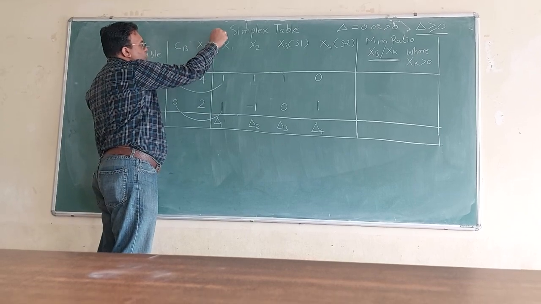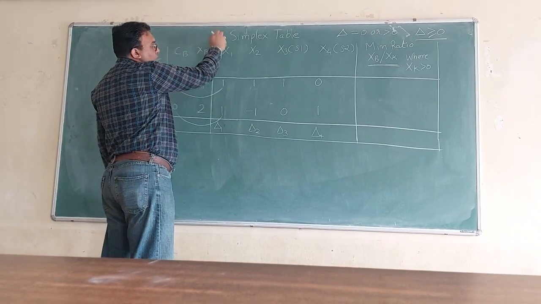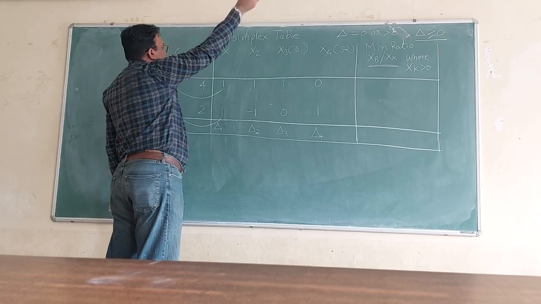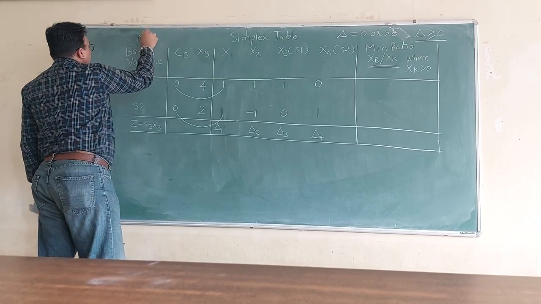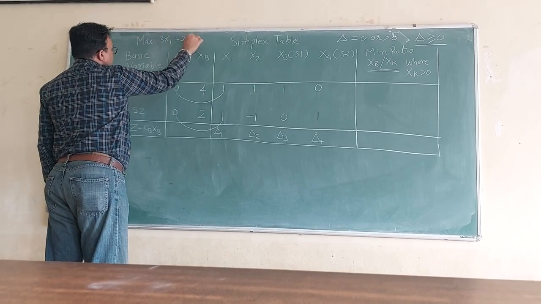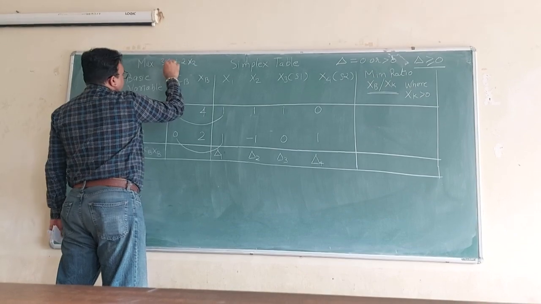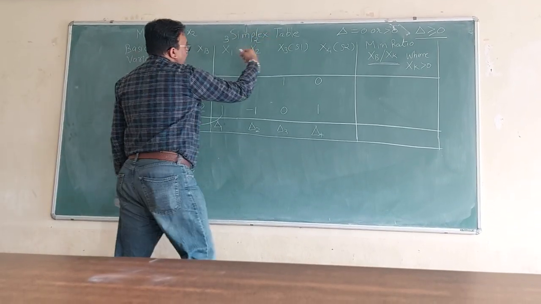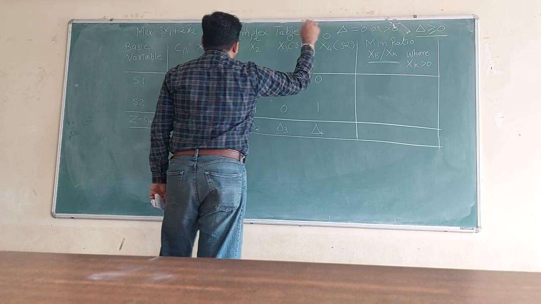Minus the value which is over here, and that value comes from the maximum equation which we wrote: maximum 3x1 plus 2x2, right? So this is the maximum value: 3, and over here 2, and the remaining two are 0, 0.